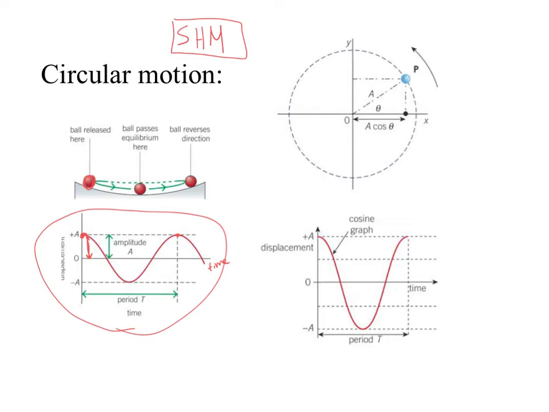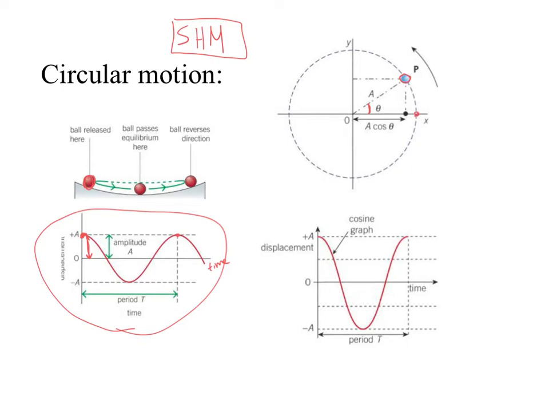So, like I said already, we will link circular motion to simple harmonic motion, to oscillations, basically. The way we do that is by looking at how an object moves around the circle. Now, we know that there is an angle theta here, between where the object is in its path. Even if the ball was here, for example, the angle would have been a bigger theta. But let's just focus on the one point here.